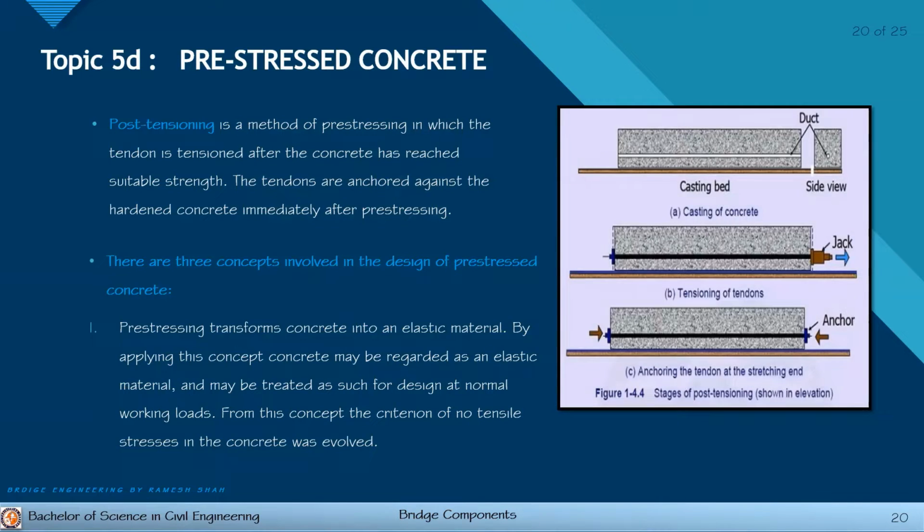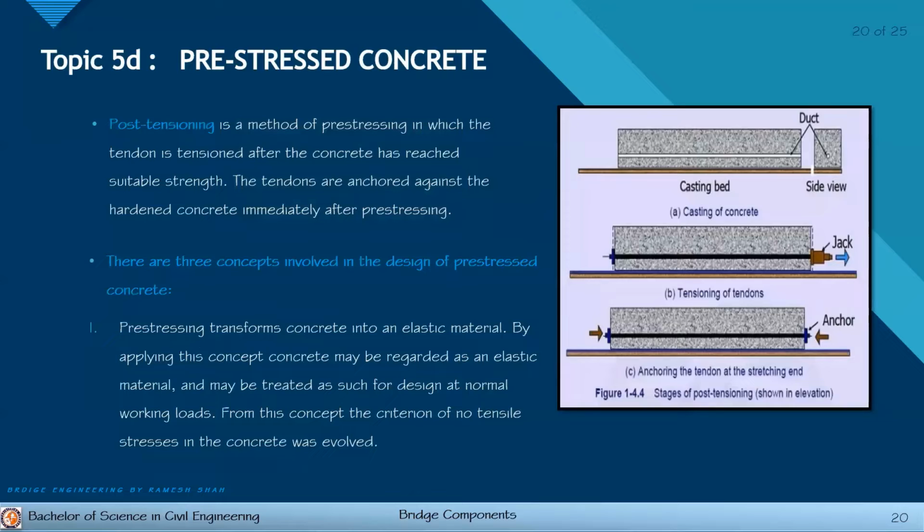So, sa post-tensioning is a method of pre-stressing also in which the tendon is tensioned after the concrete has reached the suitable strength. The tendons are anchored against the hardened concrete immediately after pre-stressing. So, nauuna yung ating process ng casting of bed.